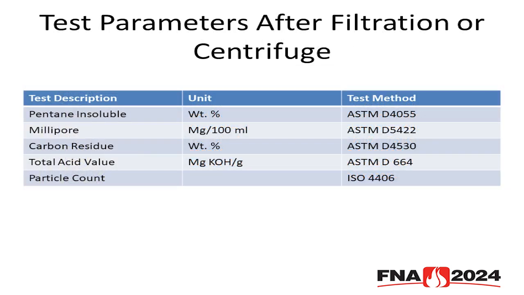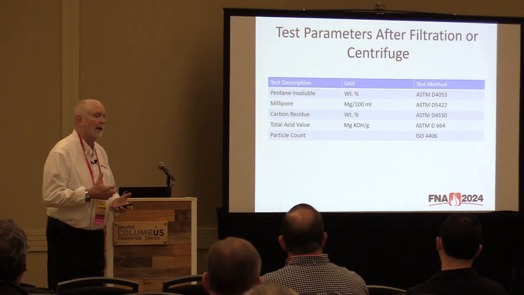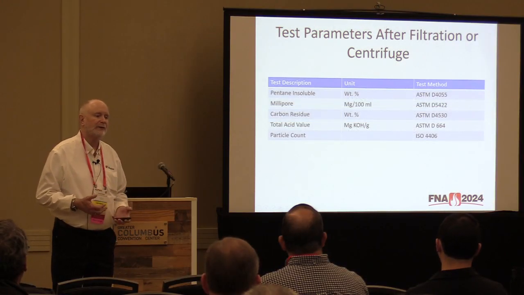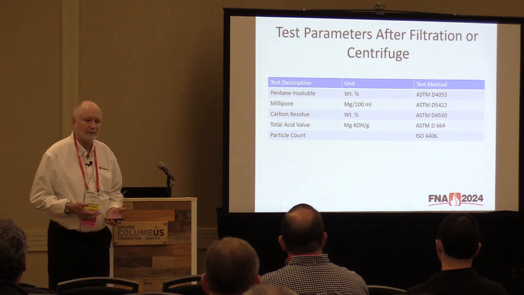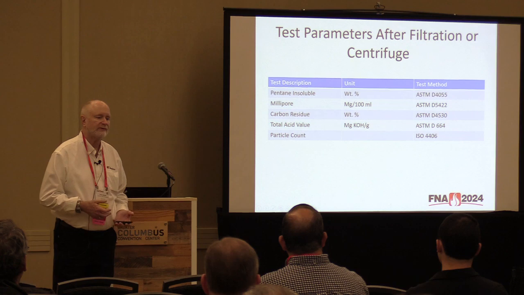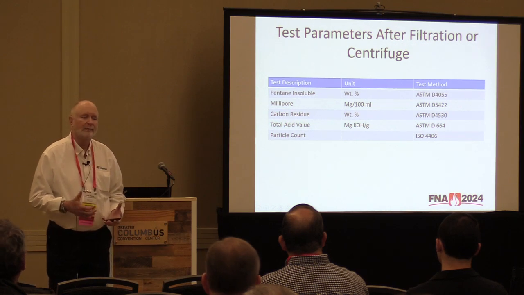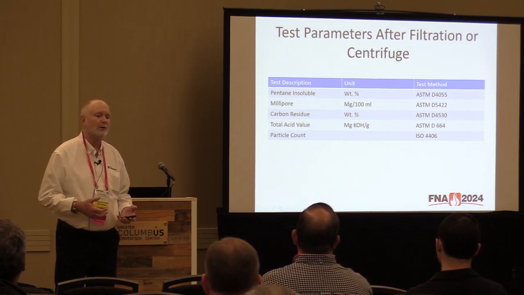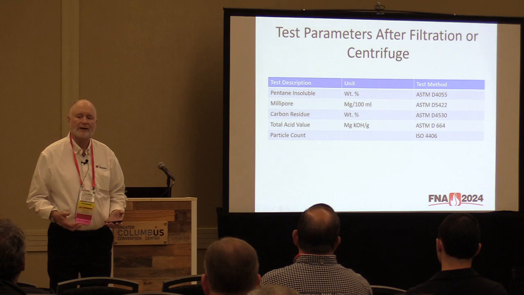Now the testing we ran, pentane insolubles, that's the official ASTM test method name for the sludge. Millipore is not something that is typically run on a quench oil. The reason being is it's filtered through a 0.7 micron filter, but it gives you an indication of how clean the oil actually is.